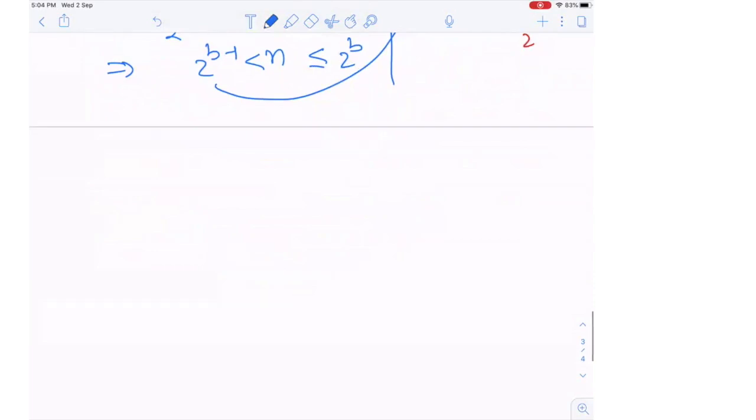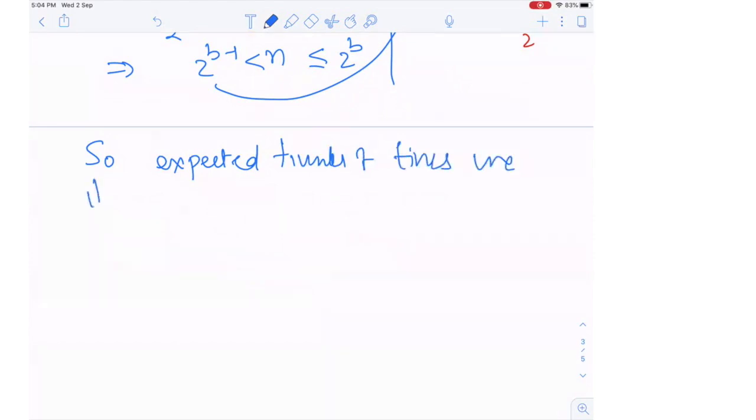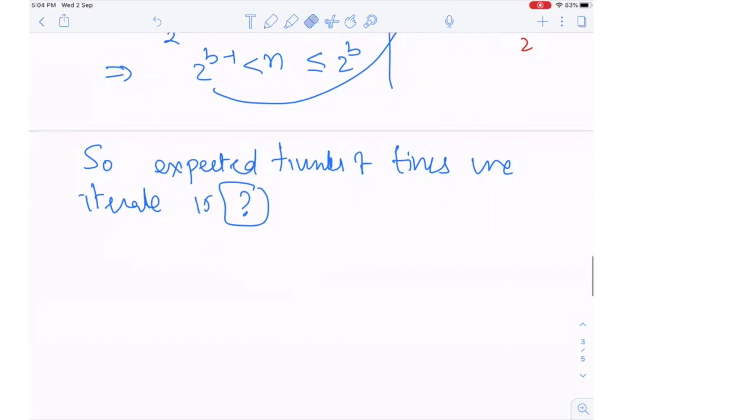So let's ask ourselves, the expected number of times we iterate, suppose this is a question mark, or say alpha, doesn't matter. Is alpha.